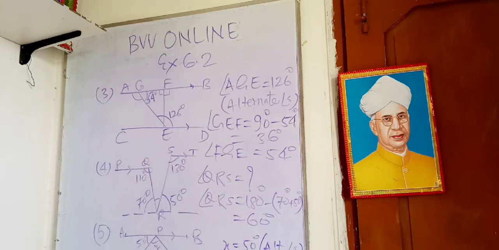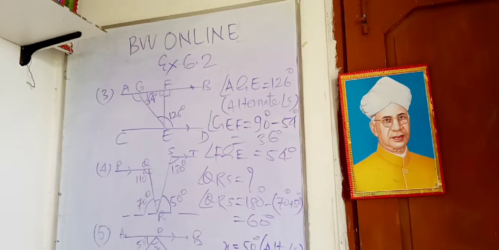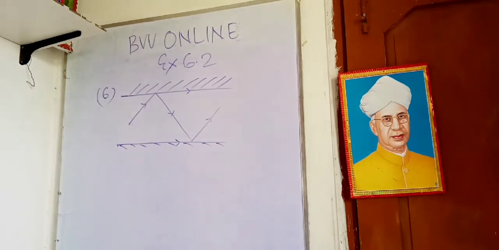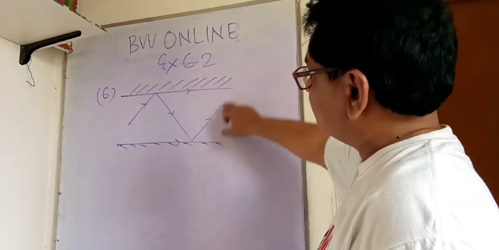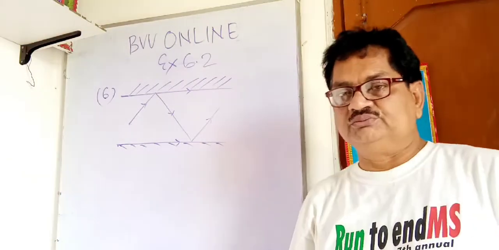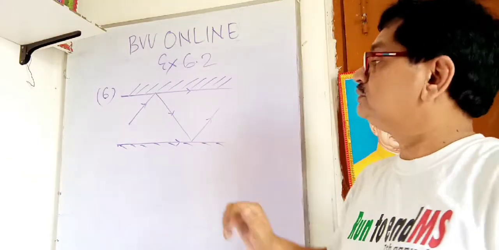So now the last question, number 6, is left to be done. So let's write it. Students, in question 6 we have been given two parallel plane mirrors, which we use to see our face.